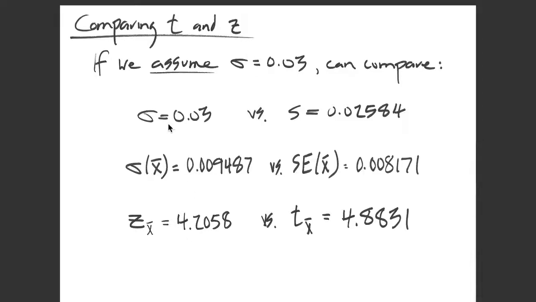If we don't know that the standard deviation is 0.3, we use S to estimate it, and we get a t-score that's similar but not quite the same. The t-score is 4.8831. In either case, the true z-score or the estimated z-score are both telling us that our observation is really far away from the mean where we would expect it to be.